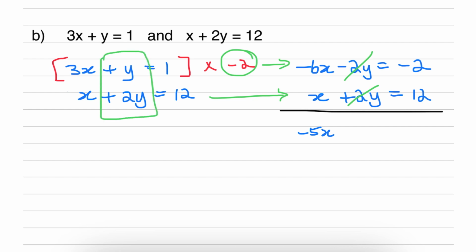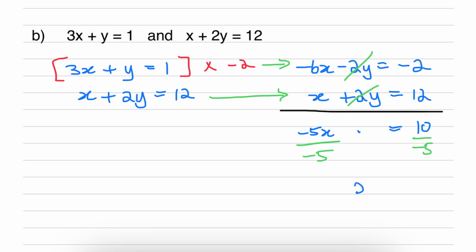It was so that these terms could then cancel. Now let's just add over here. Negative 2 plus 12 is equal to 10. And if you divide both sides by the negative 5, so that we get x alone, turns out x is equal to negative 2. So that's our answer for x.